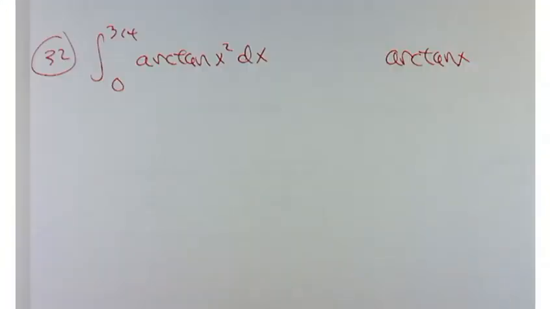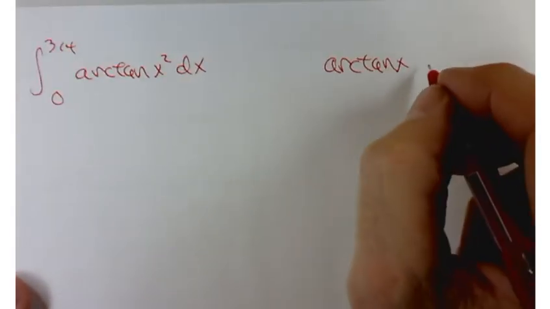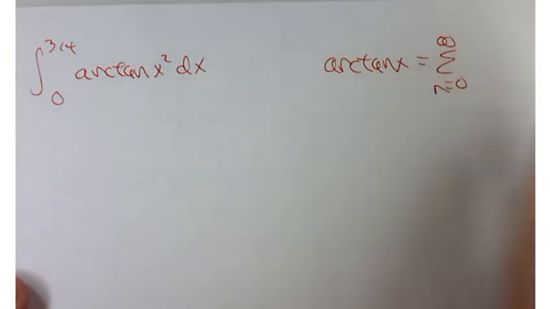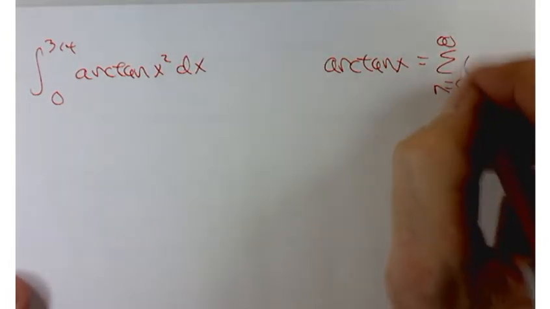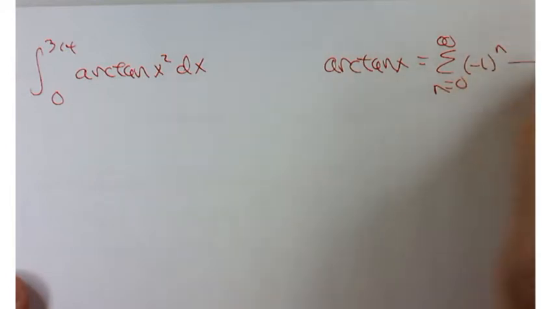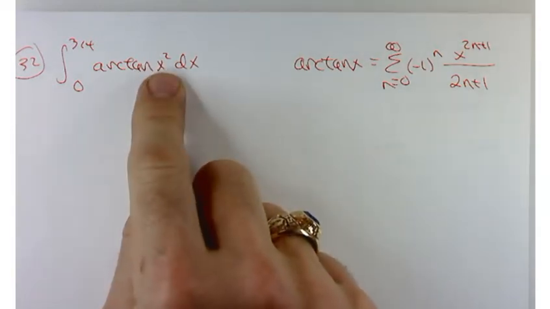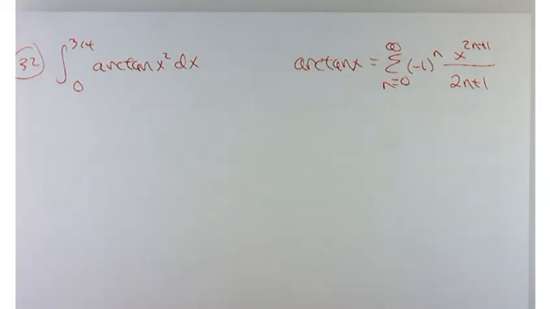The arctangent of x has a series that we know, and that series is the sum from n equals 0 to infinity of -1 to the n times x to the 2n plus 1 over 2n plus 1. Okay, that's nice, but I don't have just the arctangent. I got the arctangent of x squared. All right, that's not a big deal.